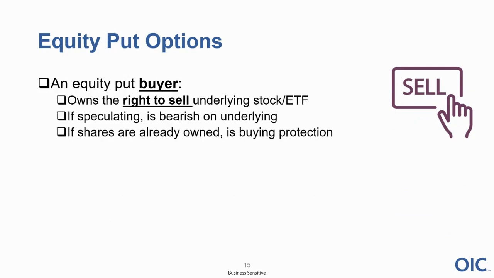So that protection aspect is very important when it comes to options, because when we talk to investors, especially beginning investors, and we ask them about options, and they tell us that they don't trade options, one of the main reasons is that options are too risky.